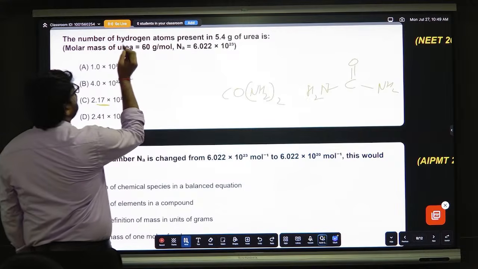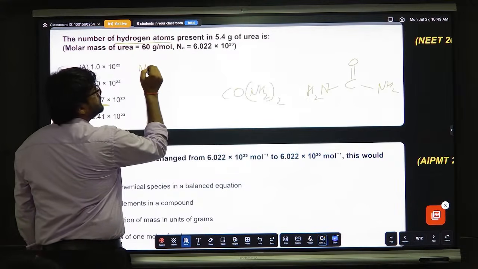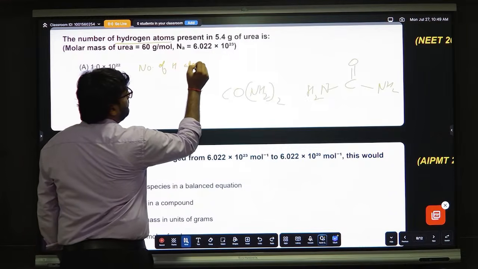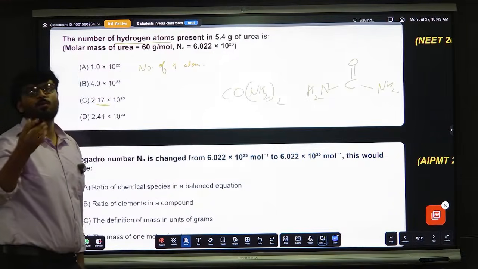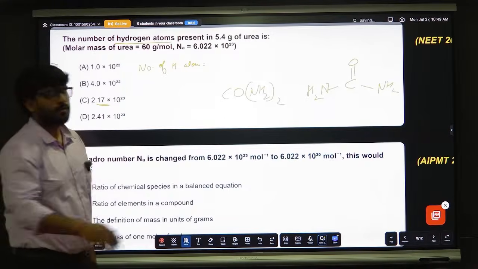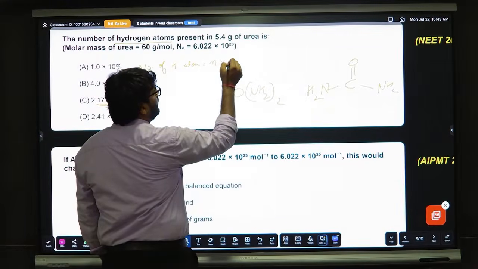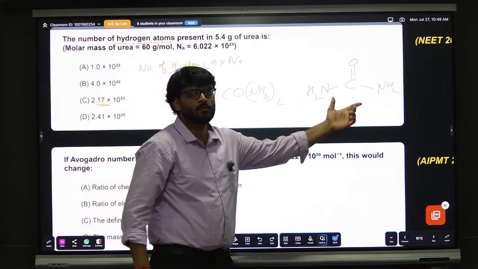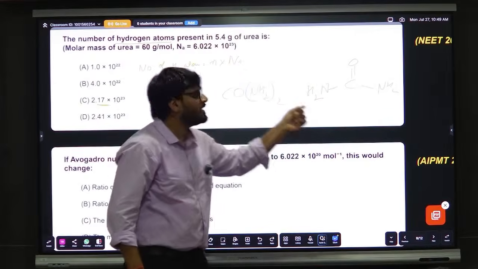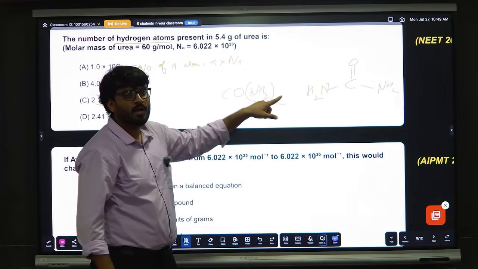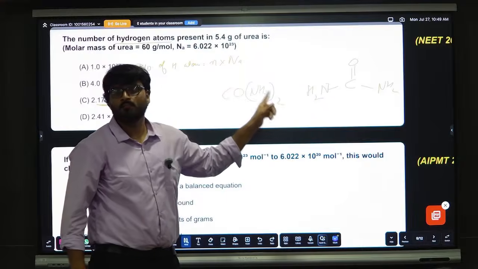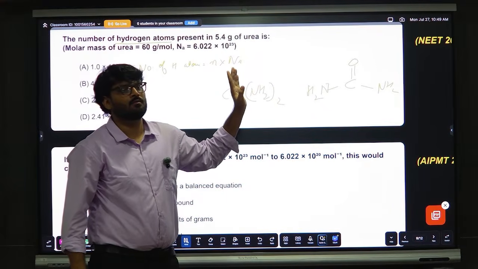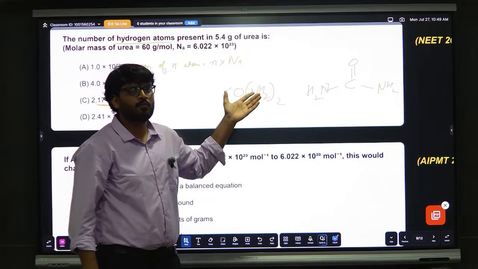The question is asking about the number of hydrogen atoms. But number of anything is what? Number of moles into Na. Let's say I have 1 mole of urea, how many hydrogen atoms will I have? If I have n moles of urea, how many atoms will I have? 4 into Na? 4 into n? When I'm solving on the board, please solve with me.